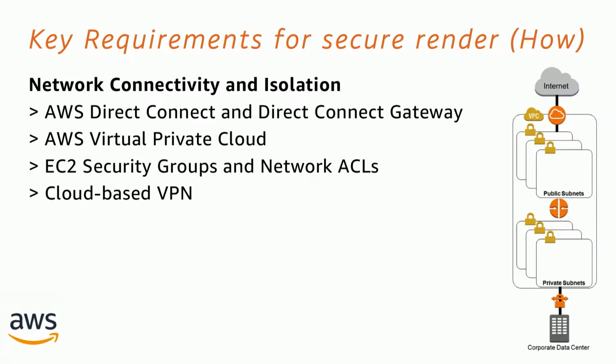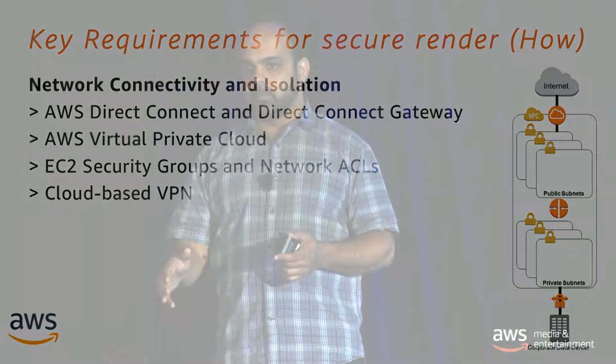Virtual private cloud is the capability for you to create a private address space for your own infrastructure within AWS. You can bring your own address space, and it's an isolated environment for you. You can decide to completely block any kind of internet egress for your VPC.